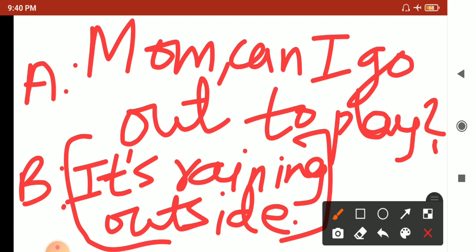It's a plain sentence, but it is a negative sentence. That is, the response to A is negative. The mother implies that you cannot go out to play. But she has said this indirectly. Now this is called as indirect speech act.